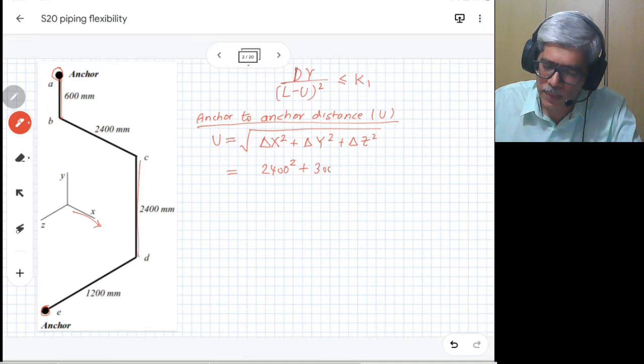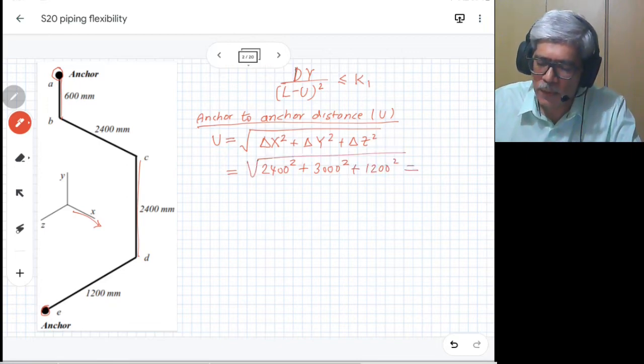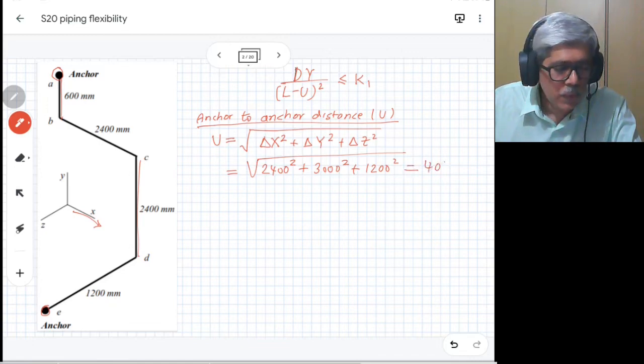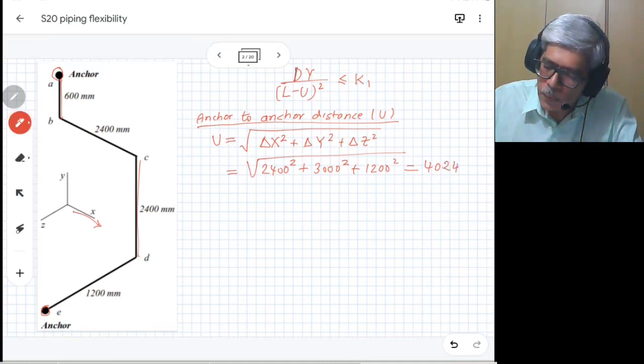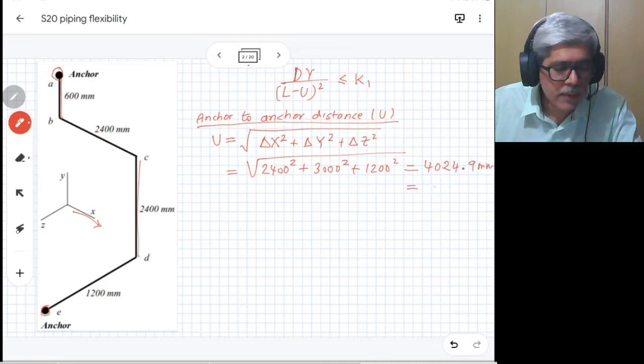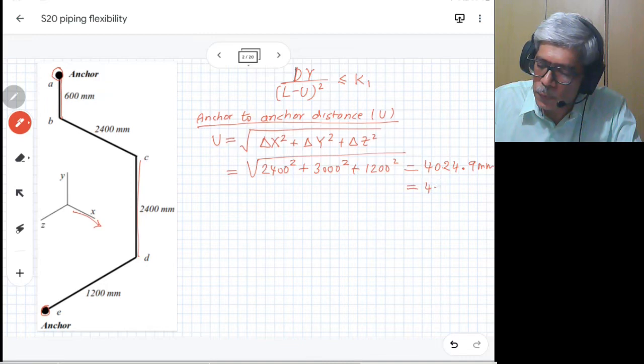So total 3000 square plus the z direction is 1200 square. So that gives us the value of U as 4024.9 millimeters, or that is 4.0249 meters.